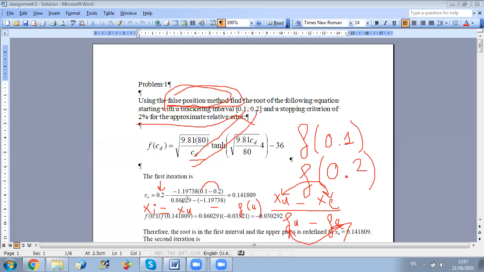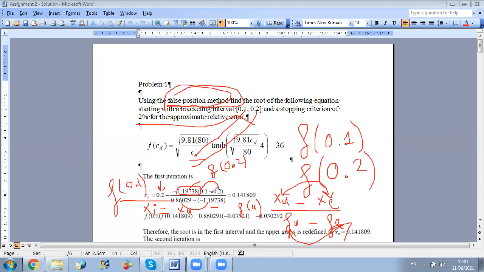This is why here we should do F lower minus F upper, and this is F upper. Okay, so by just replacing F of 0.1, F of 0.2 by their values in this equation, so this is F of 0.2, and this is F of 0.1, we can get the value of XR, the first estimate of the root in the first iteration.